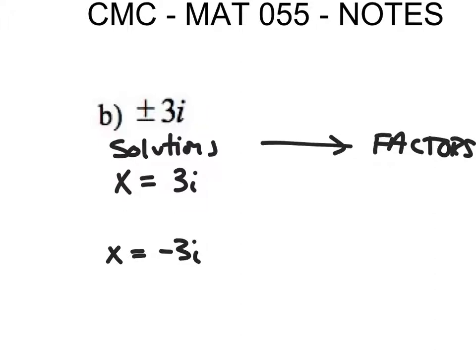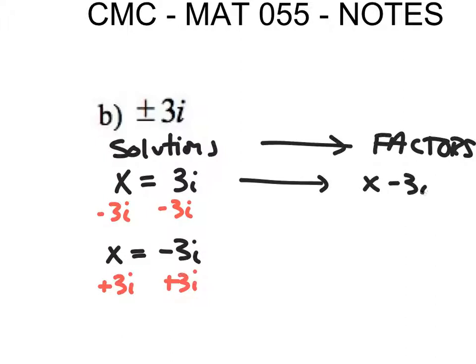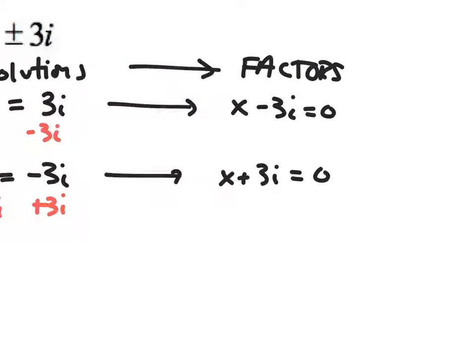So I'm going to subtract 3i from both sides, and then add 3i here. Here's what we're going to get: x minus 3i equals 0, and here I get x plus 3i is equal to 0. So those are my factors.